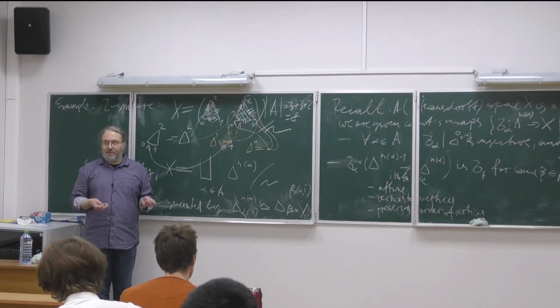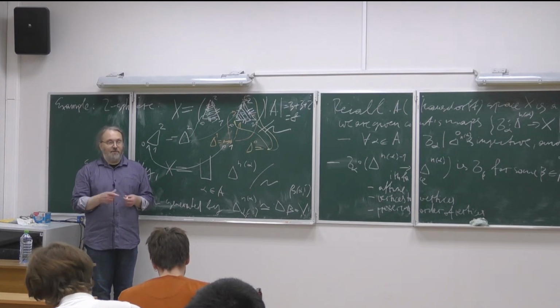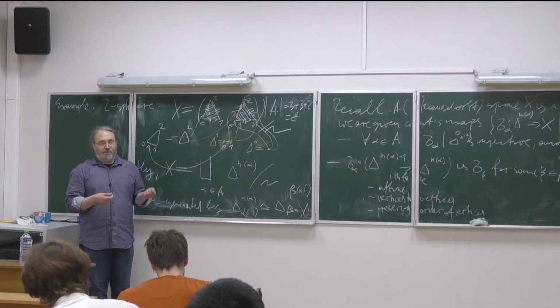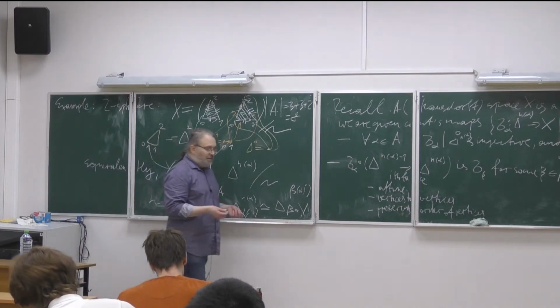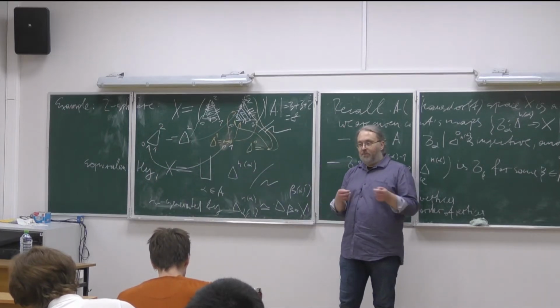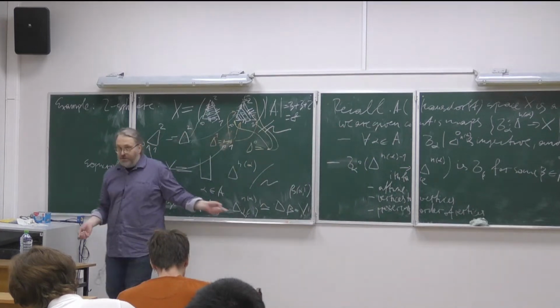Is this clear? Basically, we can always introduce some number of identifications and then take the coarsest equivalence relation which identifies the elements which are glued together by each of these identifications. So this is just general nonsense.